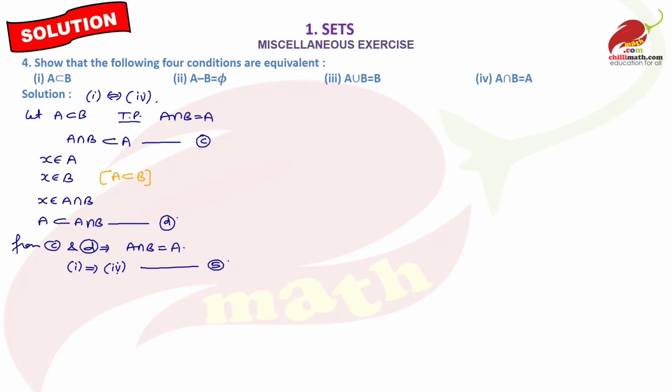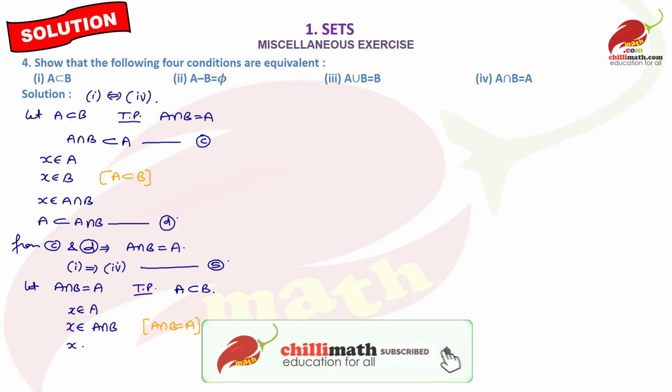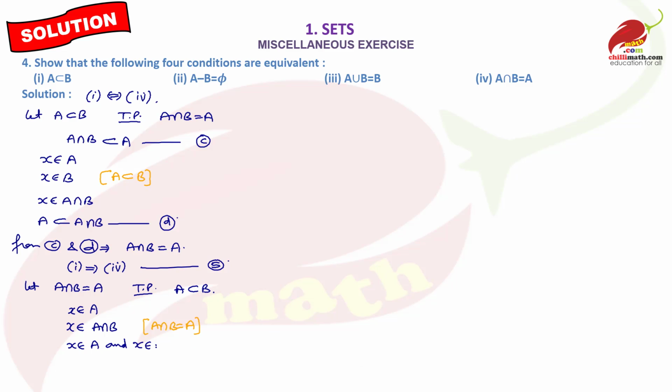Now we prove that 4 implies 1, that is, we'll assume that A intersection B is equal to A, and we'll prove A is a subset of B. So X belongs to A, X belongs to A intersection B, because we are given, we have assumed this, that A is equal to A intersection B. I mentioned here A intersection B is equal to A. So it means X belongs to A and X belongs to B. We started here X belongs to A and here we have X belongs to B. Therefore A is a subset of B. So by this we proved 4 implies 1.